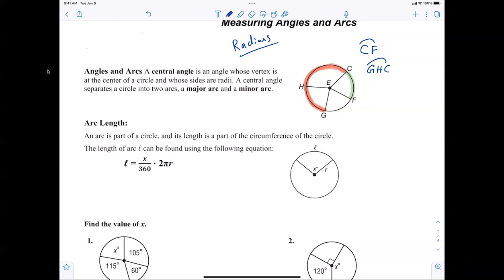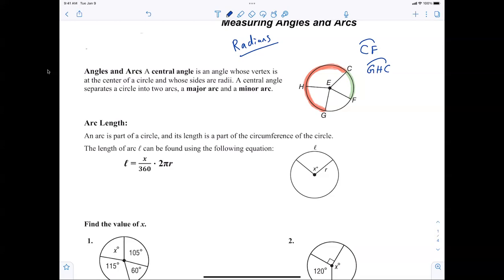And length will be measured in units. So you have to be careful. When you measure, you're measuring in degrees. And when you are talking about a length, that's when you know you're talking about units. So be careful with the terms there.